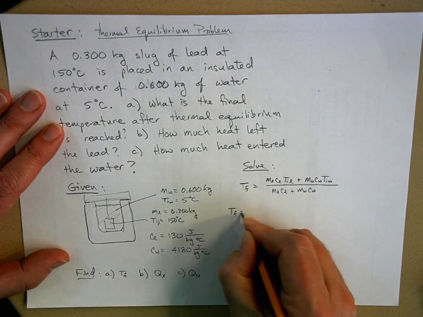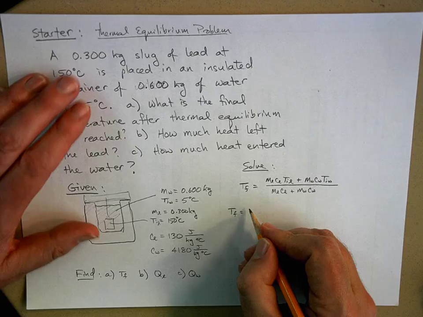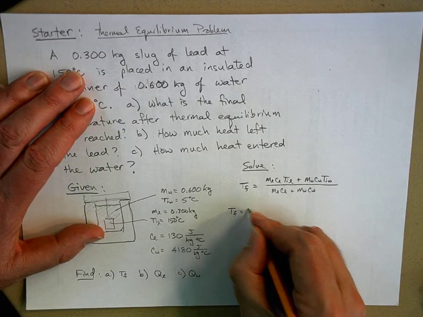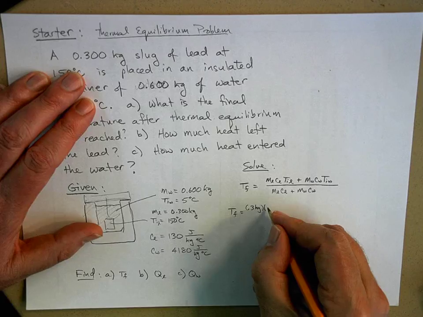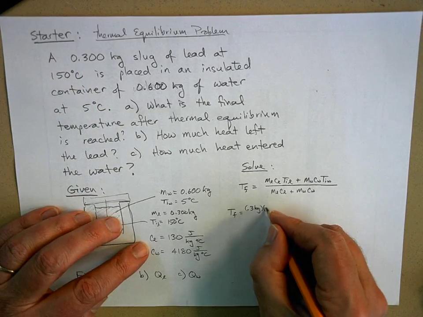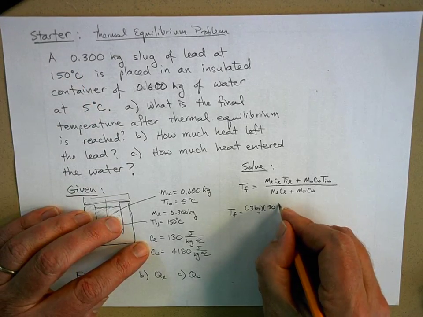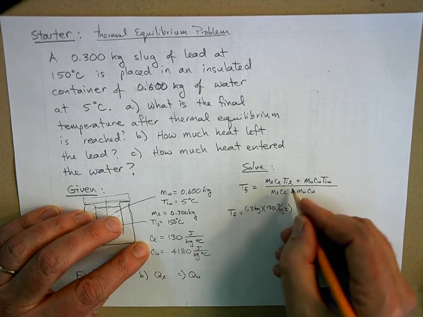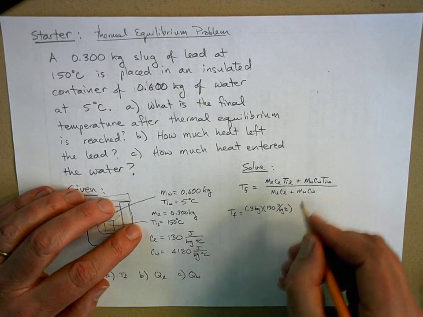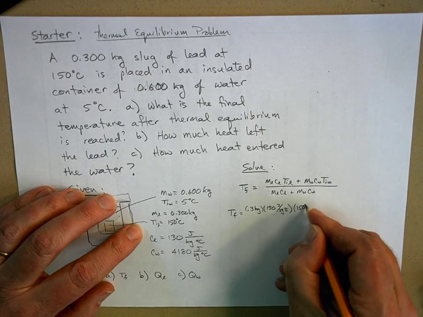So the final temperature is, now we got to put all this in: for the lead, 0.3 kilograms, specific heat of the lead 130 joules per kilogram degrees Celsius, initial temperature of the lead 150 degrees Celsius.